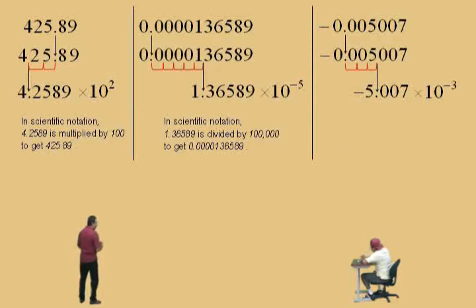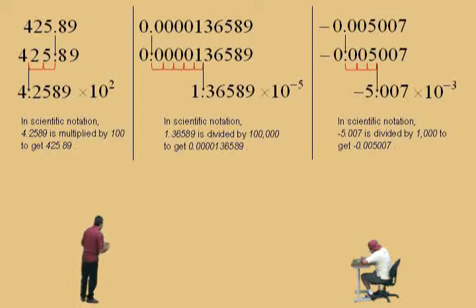And so here, in scientific notation, negative 5.007 is divided by 1,000 to get negative 0.005007. So negative 5.007 times 10 to the negative 3 does represent that negative 0.005007.